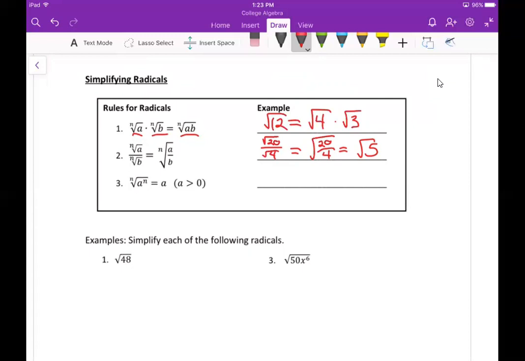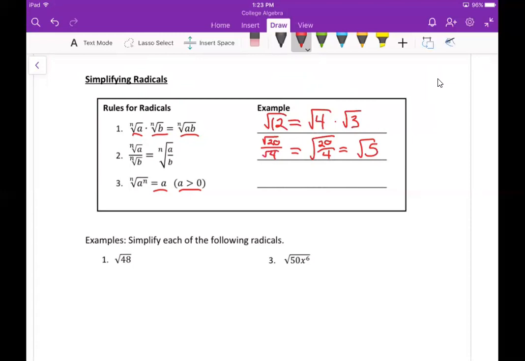The last thing I want you to realize is, again, so long as a is positive, because we know things get weird when we have a negative under our root. But if a is positive, an nth root undoes an nth power. So if I take the nth root of a to the n, it just drops both. They cancel each other out, and I end up with just that base.